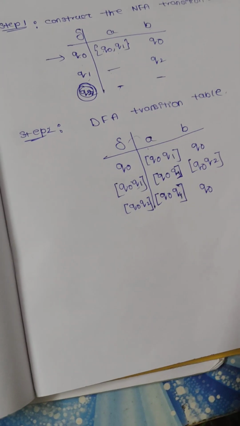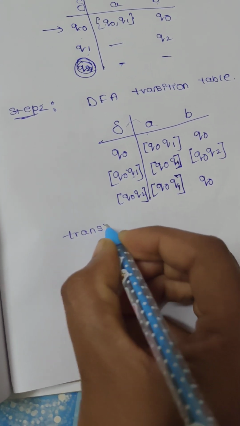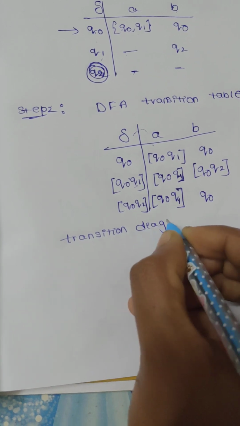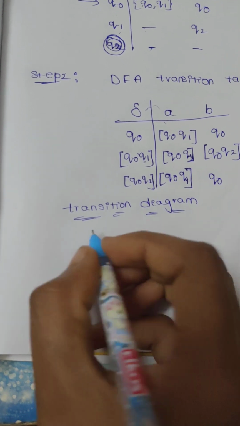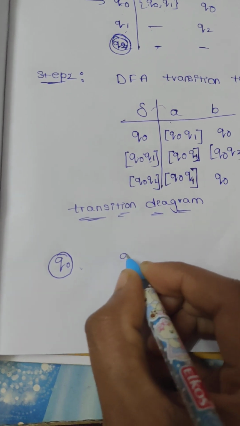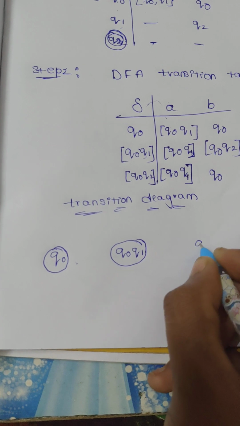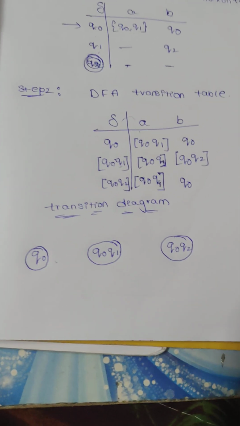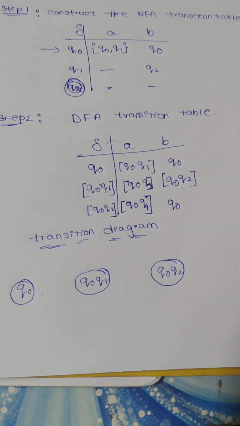And now the DFA transition diagram. These are the states of the DFA transition table.